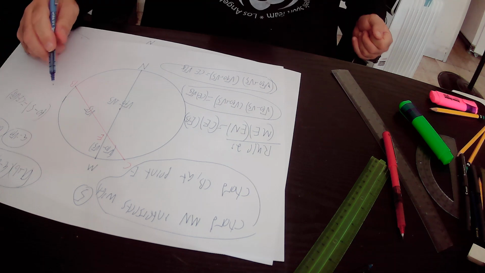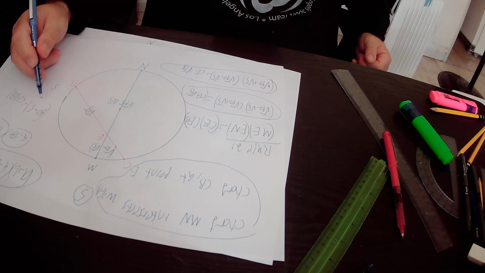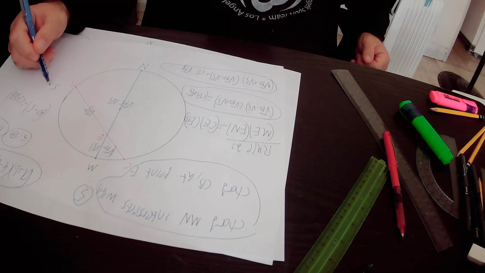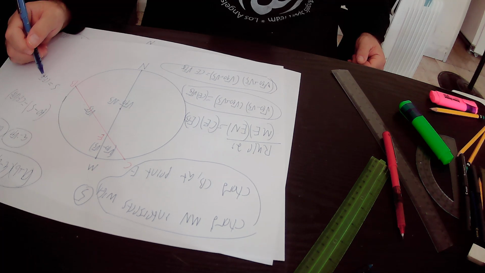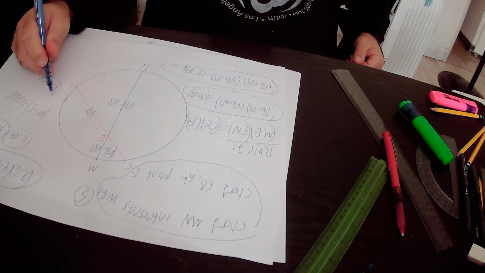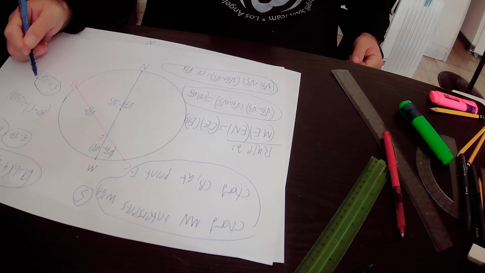Okay, so 10 minus 5 is 5, so 5 equals CE times square root of 15. We found out that 5 equals CE times square root of 15.